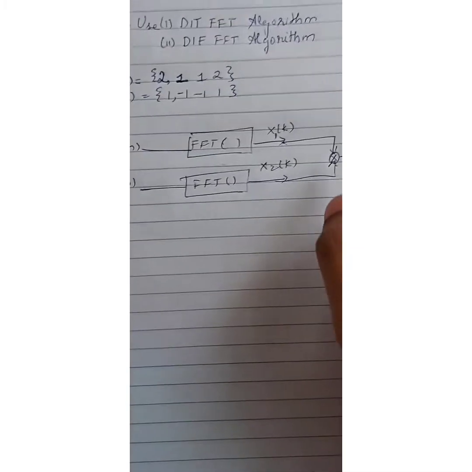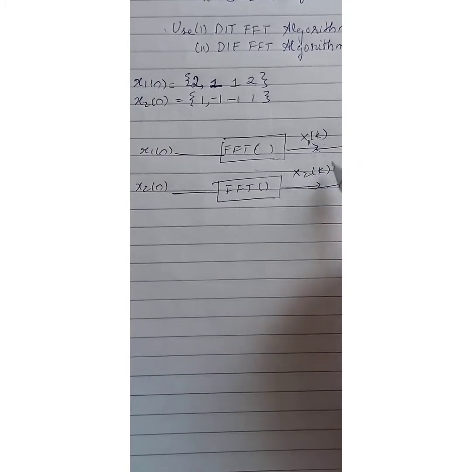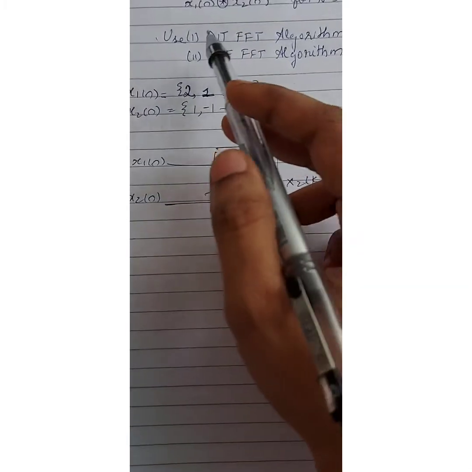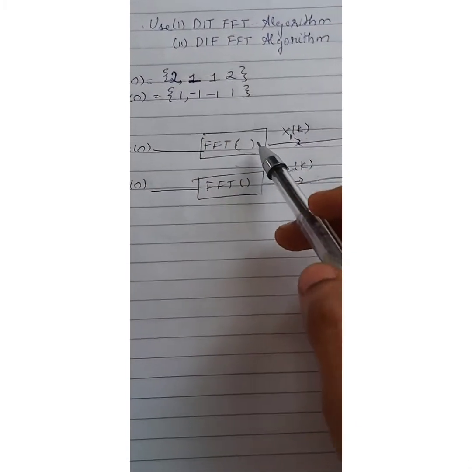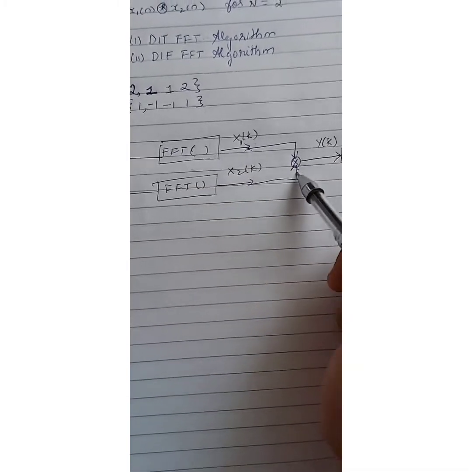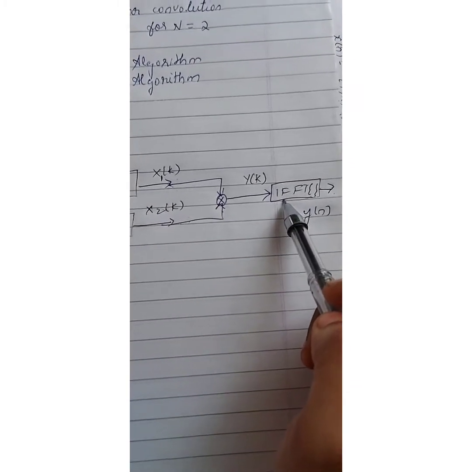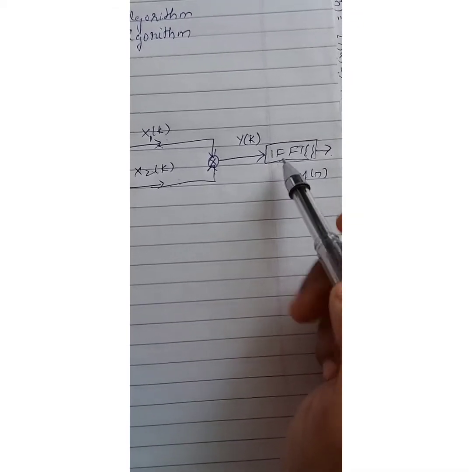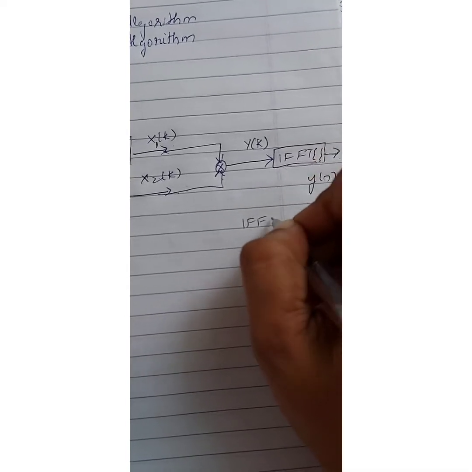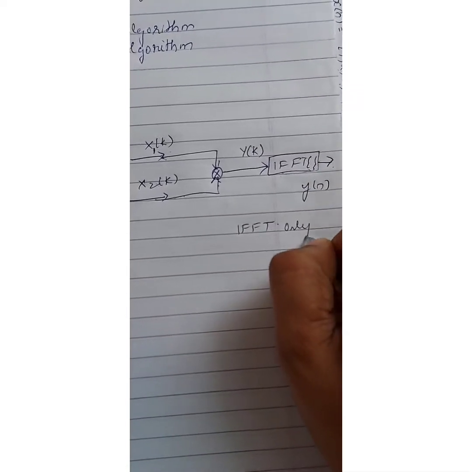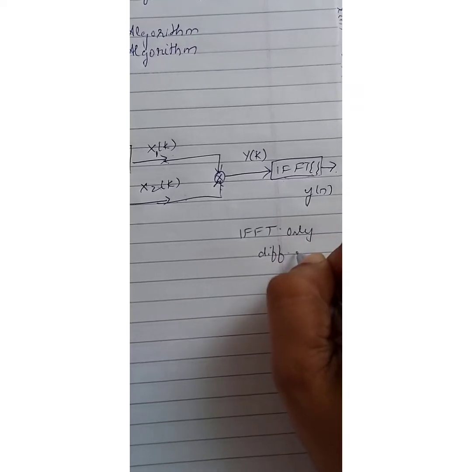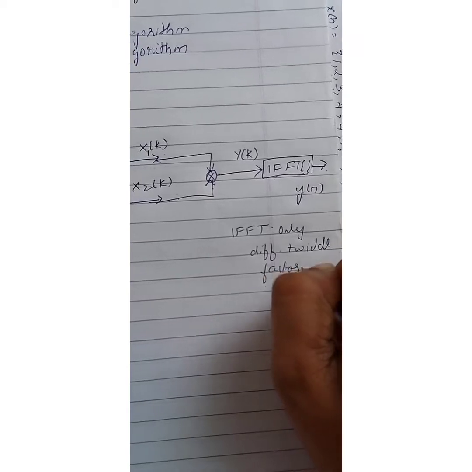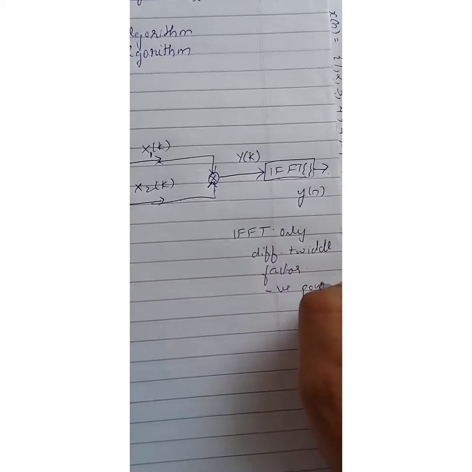So first thing we will do is find the 4-point FFT or the 4-point DFT using the FFT algorithm. First we'll take the decimation in time FFT algorithm. We'll find it, we'll multiply the answers, and then you use the same butterfly structure to find the IFFT. The only difference in the IFFT, or the inverse Fourier transform, is that your twiddle factor will have negative power.